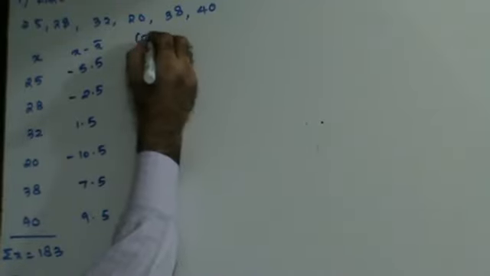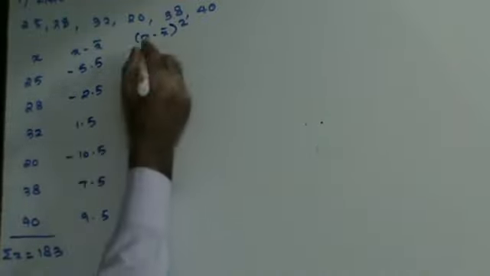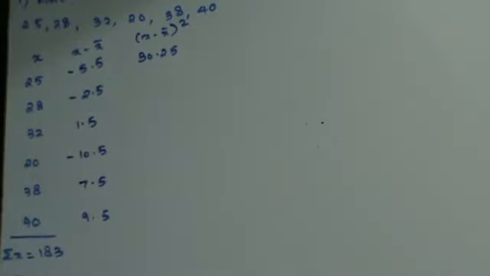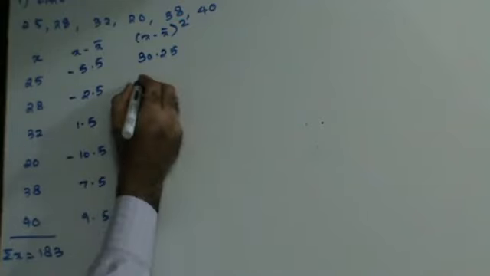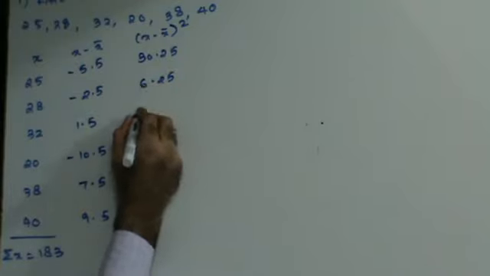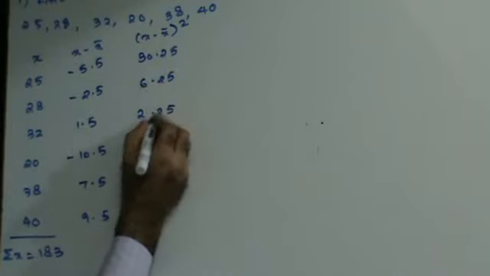Then you find out x minus x bar the whole square. You have to square this term. So minus 5.5 the whole square will give you 30.25. Minus 2.5 the whole square, minus into minus is plus, that's the reason why I'm writing positive, will be 6.25. 1.5 will be 2.25.